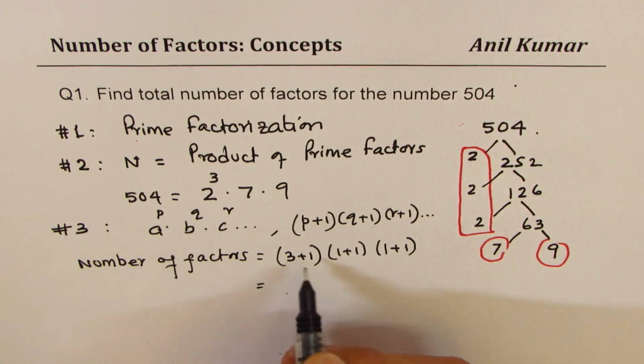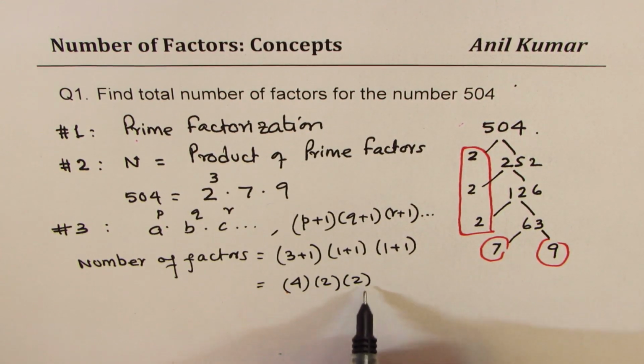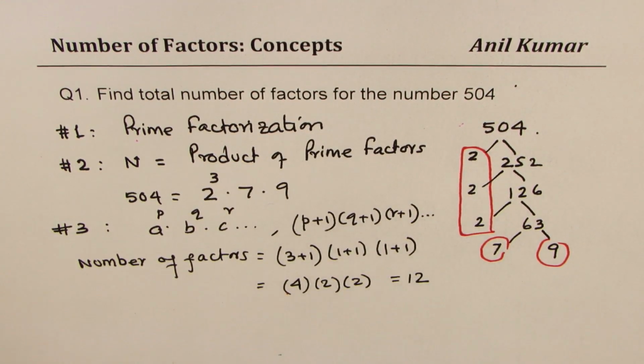So that gives you the answer, which is 4 times 2 is 8, 8 times 2 is 16. Sorry, 4 times 2 is 8, and 8 times 2 is 16. So we get our answer. Is that clear to you, right? So that is how you should be answering this question. Correct? So you can make up your own questions, try, figure it out, and that helps.